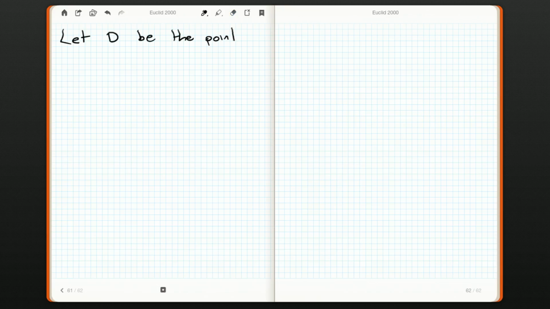So let's let D be the point on BC so that SD is perpendicular to BC. We're going to let sigma be the angle of ARS.